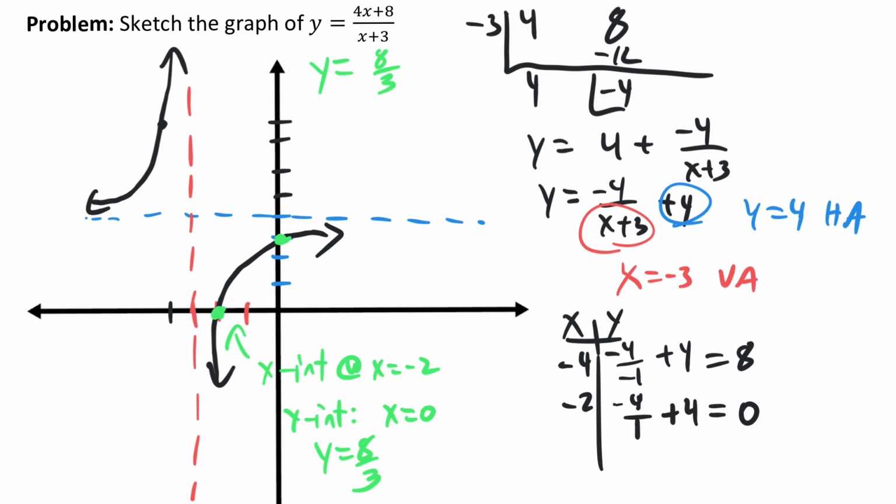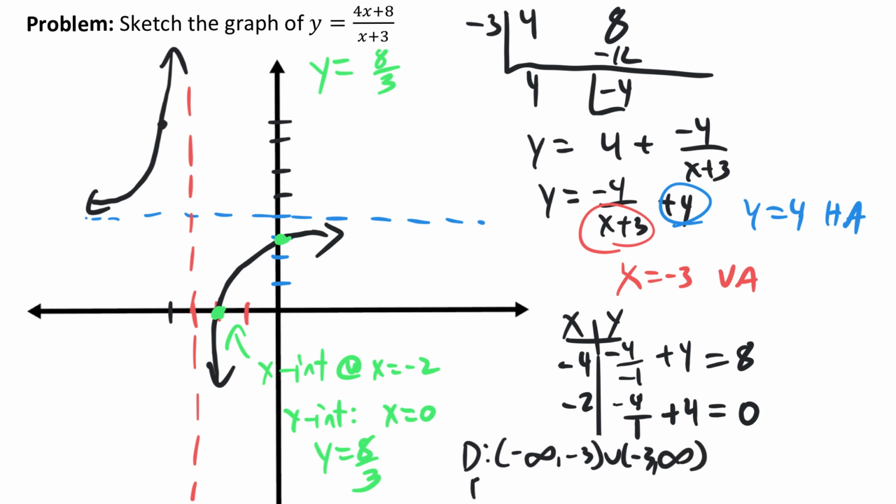Okay, and maybe one other thing we could extend off of this, maybe we could write the domain and range. That might be interesting to do. Let me just make a little space down here. So let's put the domain. The domain looks like we include every value except for -3. The way we write that is negative infinity to -3, union -3 to infinity.